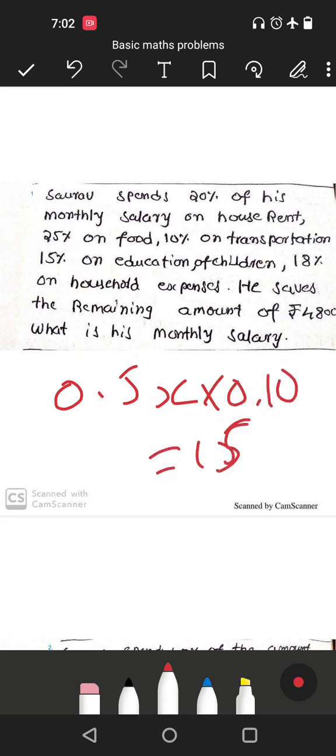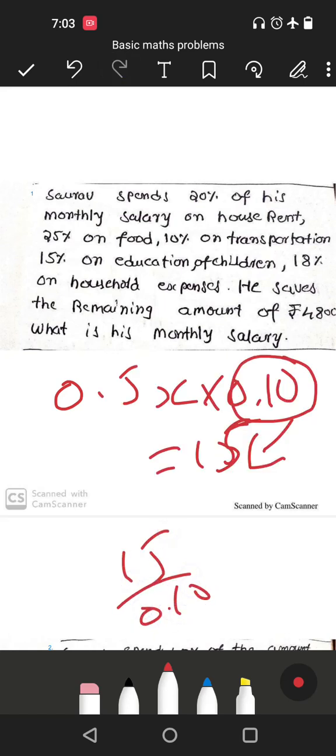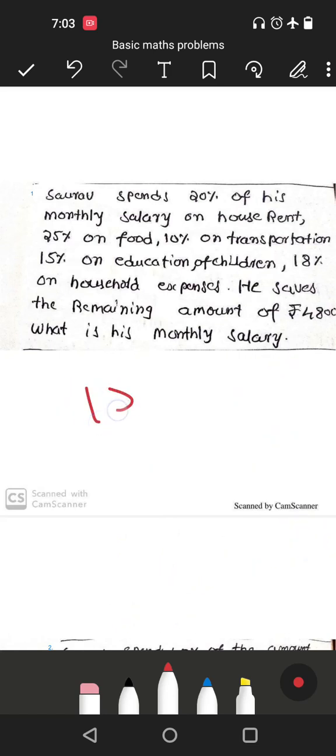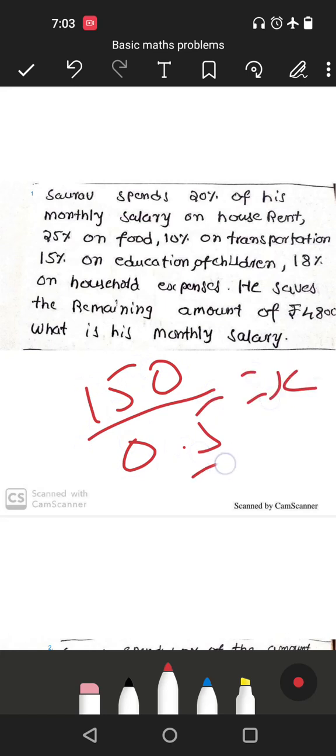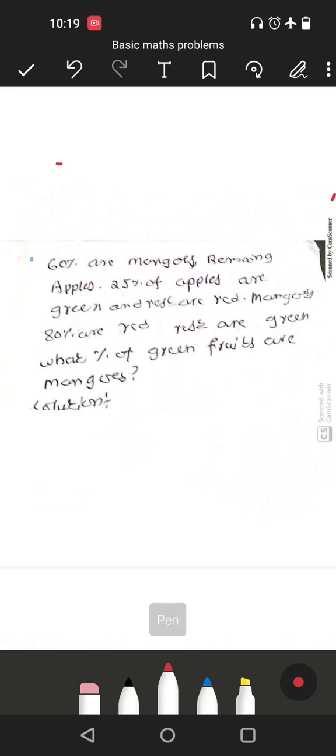So if he got an additional 15 marks, then he would have passed, right? So I'm taking this 0.10 to this side, so that will become 15 by 0.10 is equal to 0.5x. So the calculation will become 150 divided by 0.5 is equal to x, so the maximum marks should be 300.